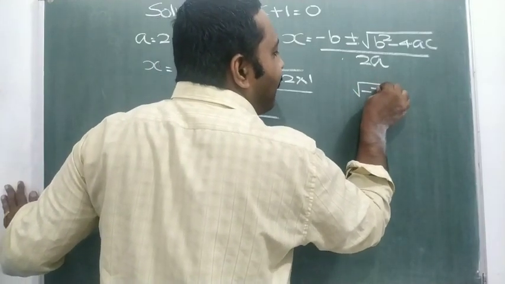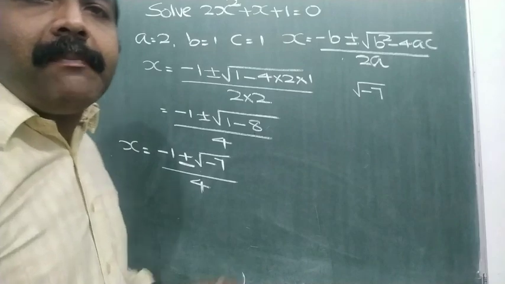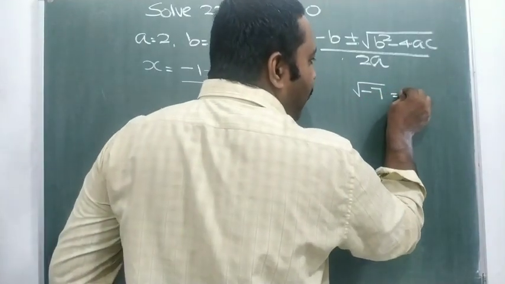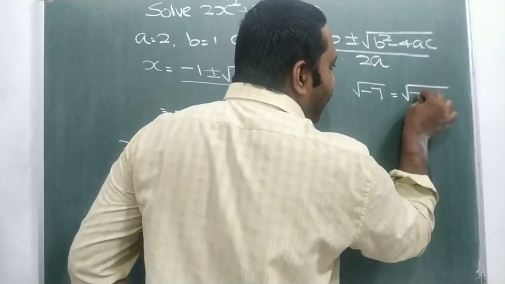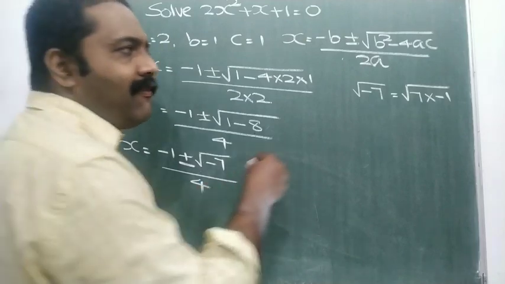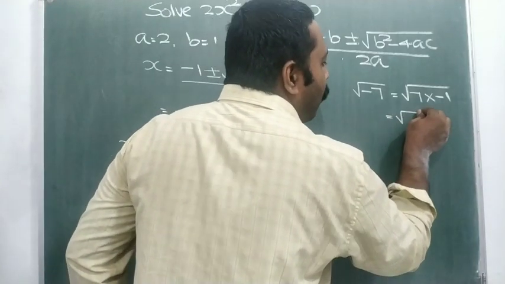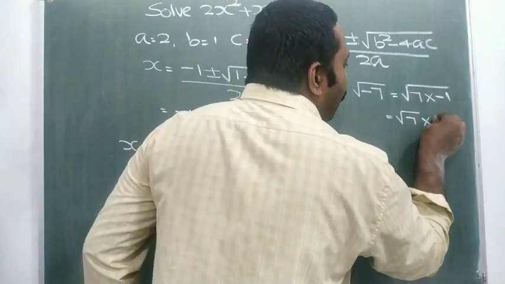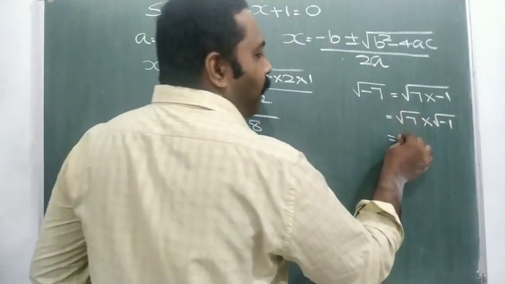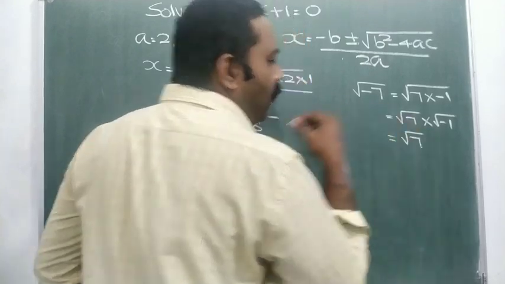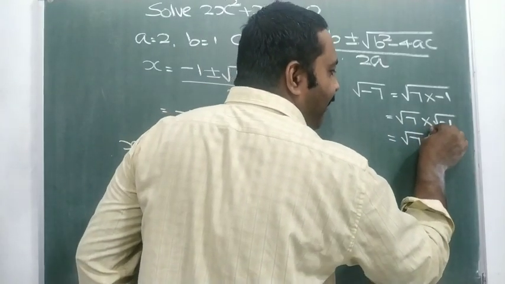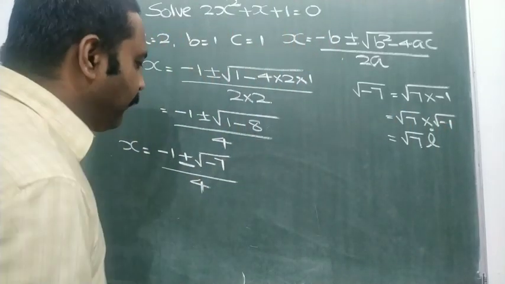Here b square minus 4ac is less than 0. Then root minus 7 can be written in the form root of 7 into minus 1. Split up: root 7 into root minus 1 is equal to root 7 into, what is root minus 1? Root minus 1 is i.